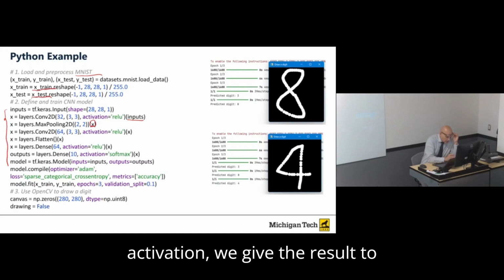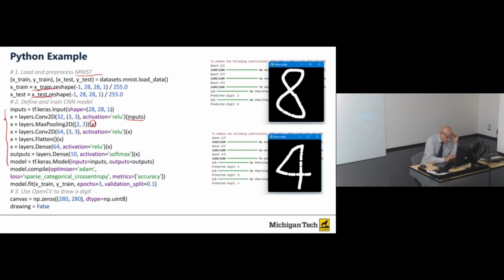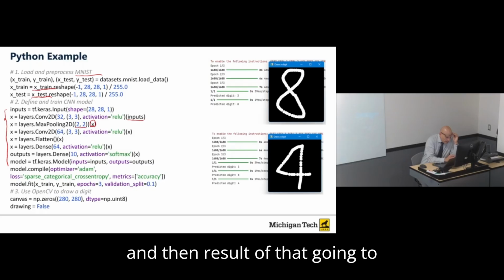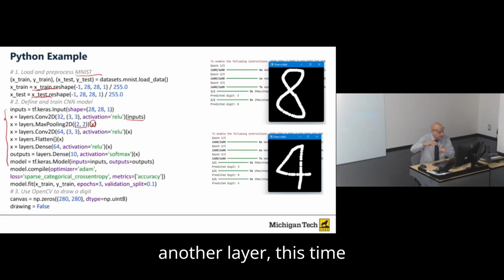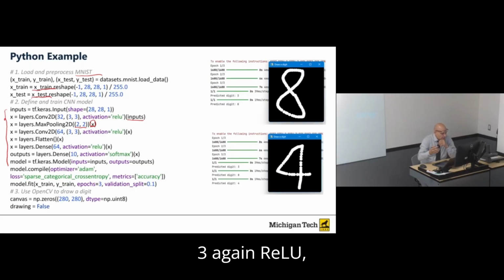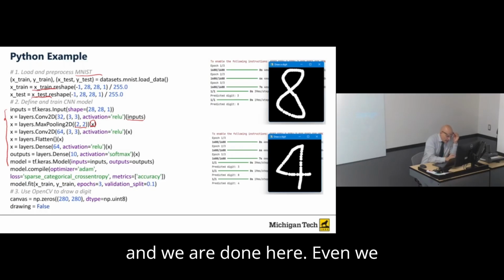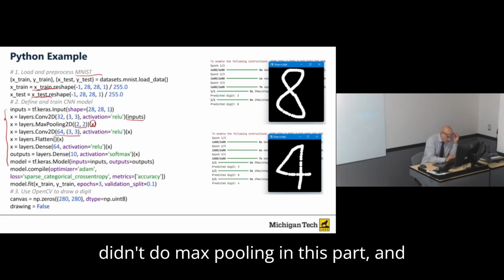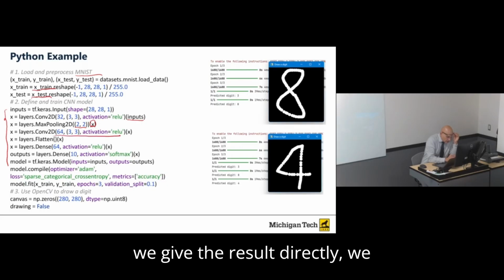We give the result to the 2 by 2 pooling, and then the result of that goes to another layer, this time 64 kernels, 3 by 3 again with ReLU, and we are done here. We didn't even do max pooling in this part, and we give the result directly.